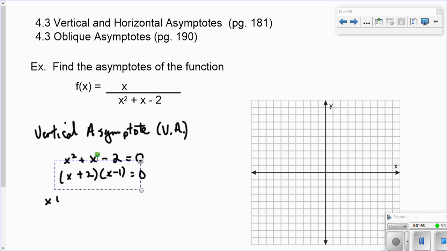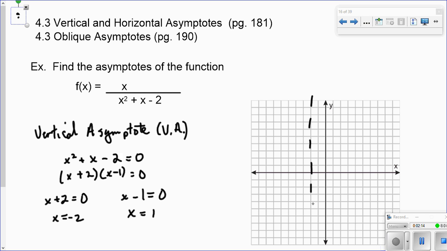Okay. So we have two vertical asymptotes that exist at x equals -2 and x equals 1. And on the graph, this is the first thing I do. I just put that dotted line all the way down.